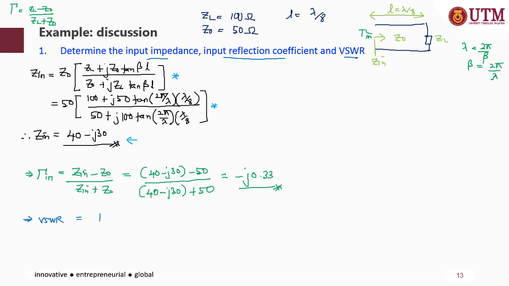So in this case, it is 1 plus 0.33. From this reflection coefficient, get the magnitude of it. Then you perform your calculation, 1 minus 0.33. So you should get the VSWR equal to 2.